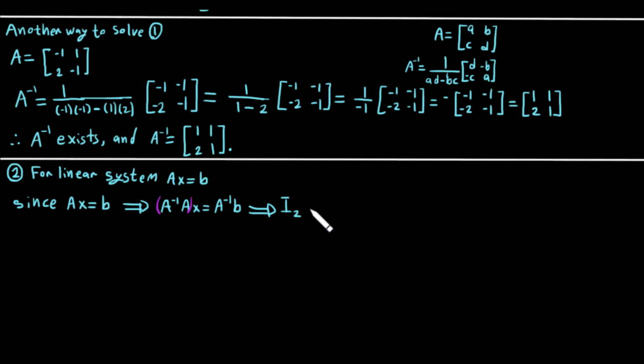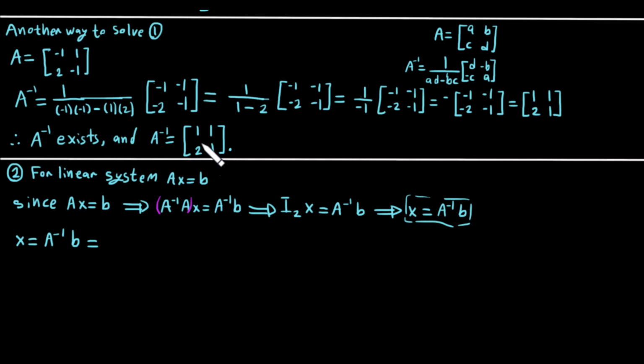And here X equals A inverse multiplied by B. Identity multiplied by X is X, so X equals A inverse multiplied by B. So here I have to write x equal A inverse multiplied by B.